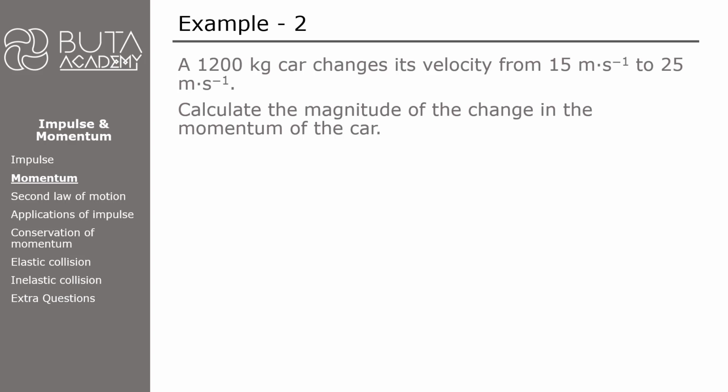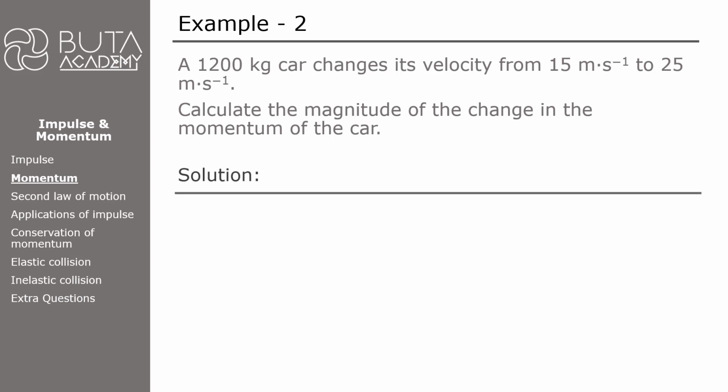In the next question, we are asked to calculate the magnitude of the change in the momentum of a car of mass 1200 kilograms if its velocity has been increased from 15 meters per second to 25 meters per second. We start solving the question by typing a formula. Change in the momentum is delta p, which means final momentum minus initial momentum of an object.